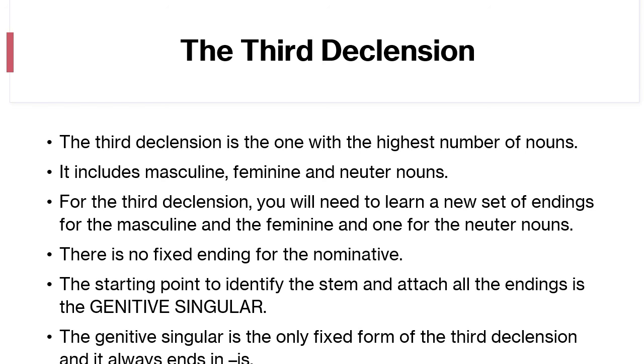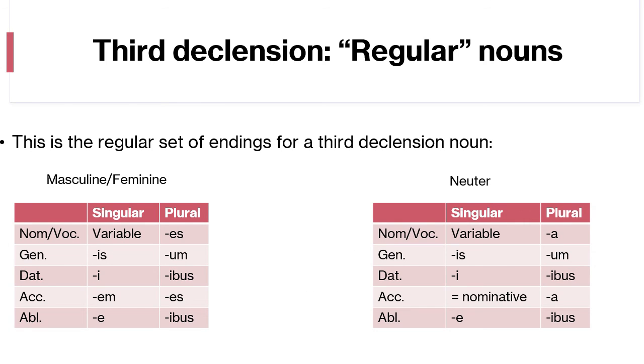So we divide two types of nouns of the third declension: the regular nouns and the I-stem nouns, and they all have a different set of endings. Let us see them. For the regular nouns we have one set of endings for the masculine and the feminine and one for the neuter.